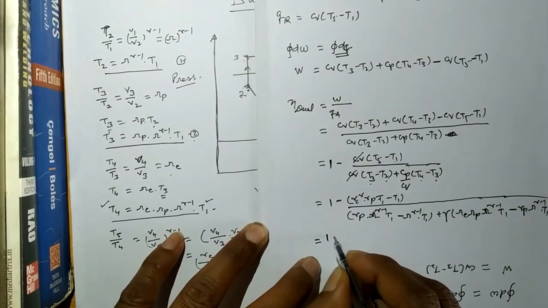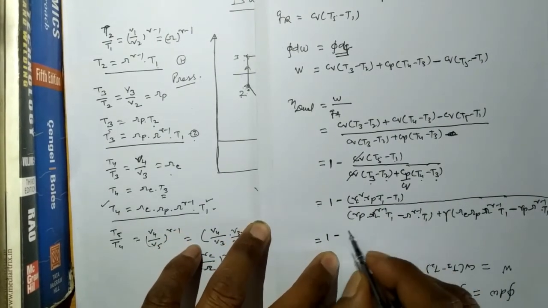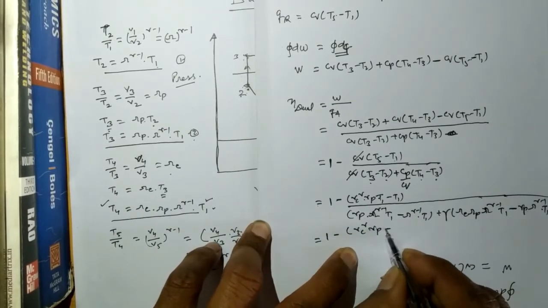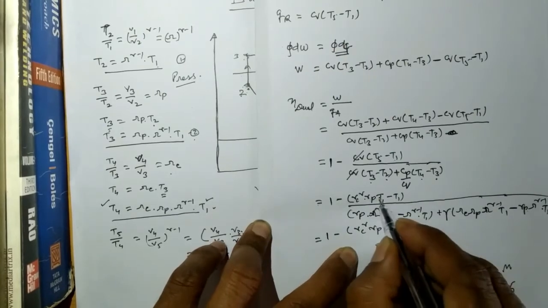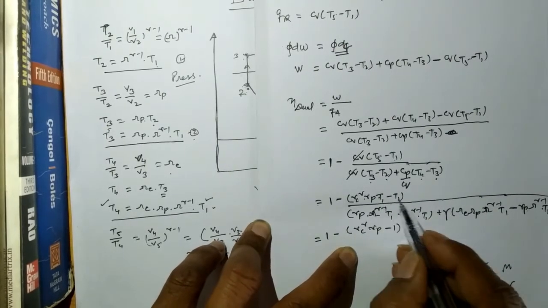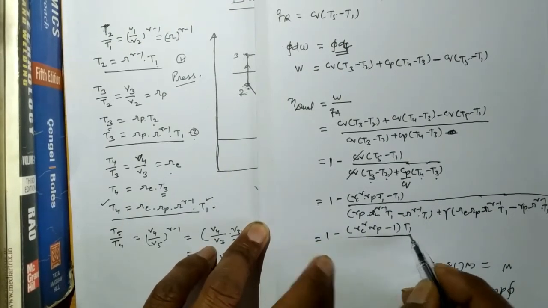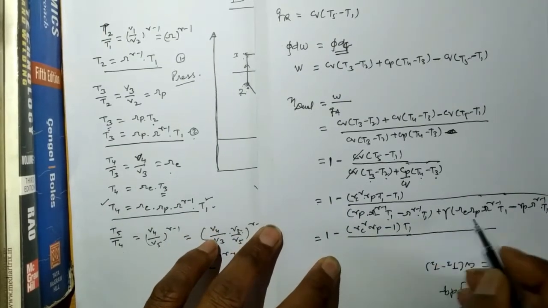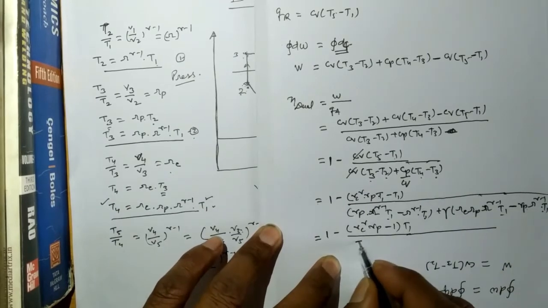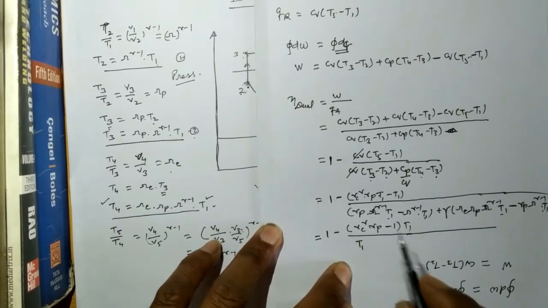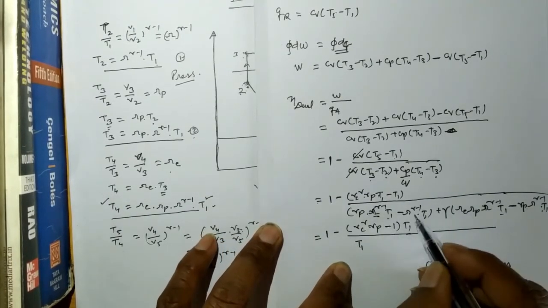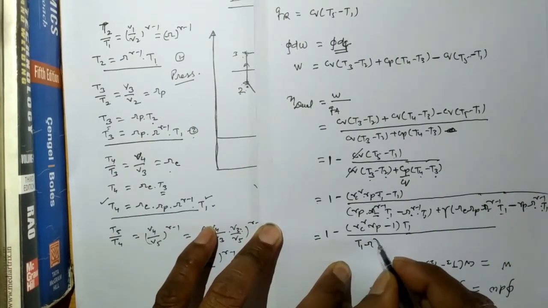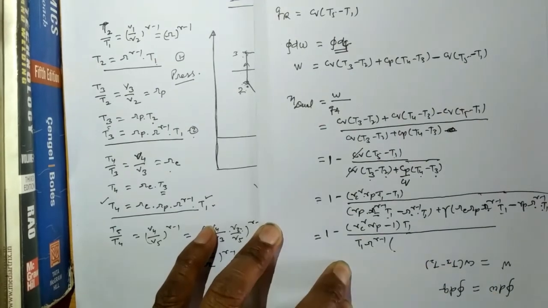That will equal 1 minus Rc power gamma Rp minus 1 T1. The T1 is common in every term. And one more thing, r power gamma minus 1 is also common.